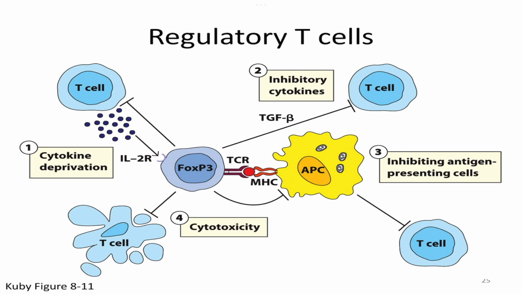One of those ways is that they can inhibit the actions of many other cells due to making TGF beta and IL-10, and those directly turn off things like CD8 T cells, other T cells. So we're inhibiting cytotoxicity, we're inhibiting other T cells, we may even inhibit antigen-presenting cells.